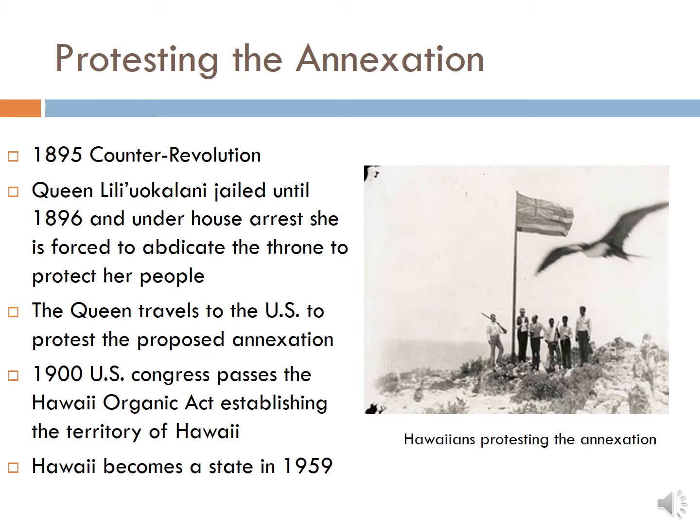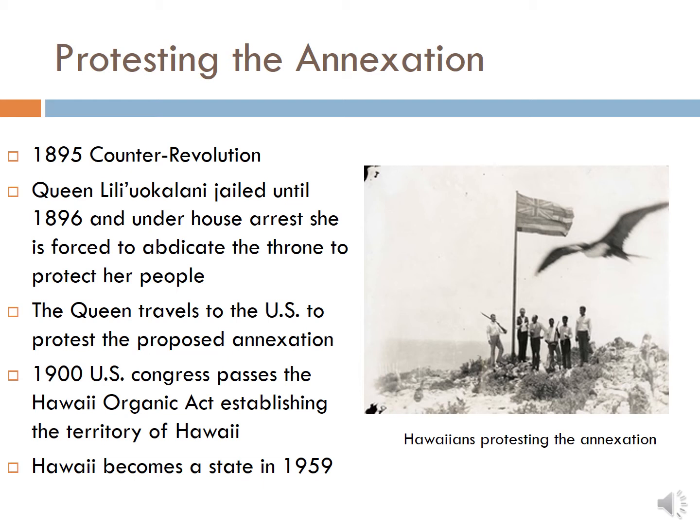And she gives a speech in front of the United States Congress where she says that this is an illegal takeover of her country, that she and the Native Hawaiians refuse the power and leadership of the United States. It's a very powerful speech that she gives to the United States Congress.